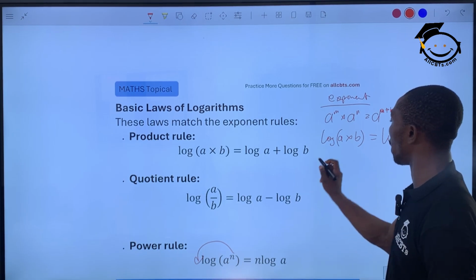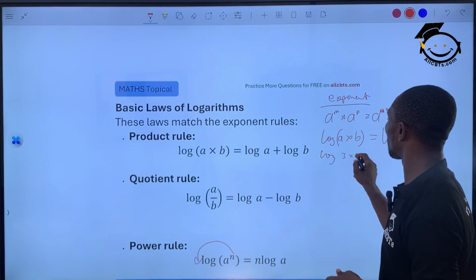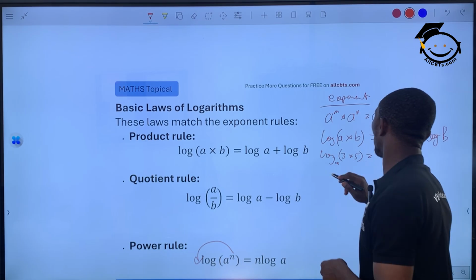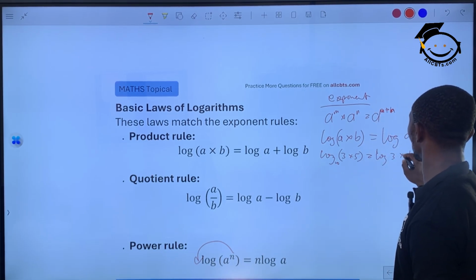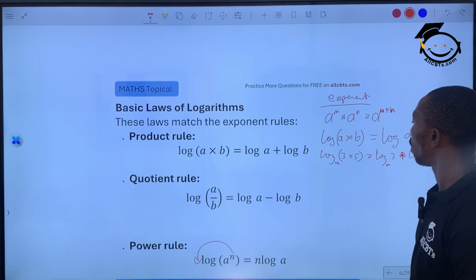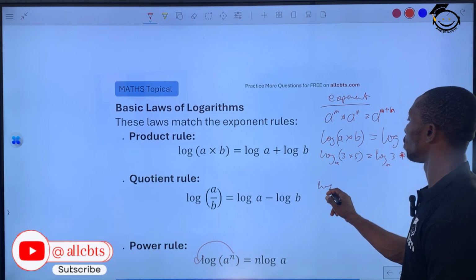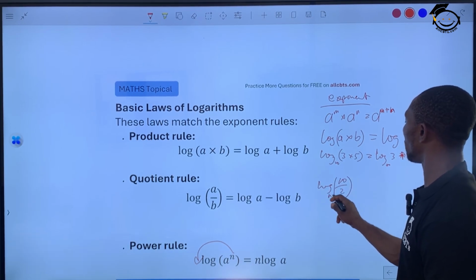So for example, if we have log of 3 times 5, this becomes log 3 plus log 5. Remember, they are all in base 10. For the quotient here, we have log of 10 over 2, all in base 10.